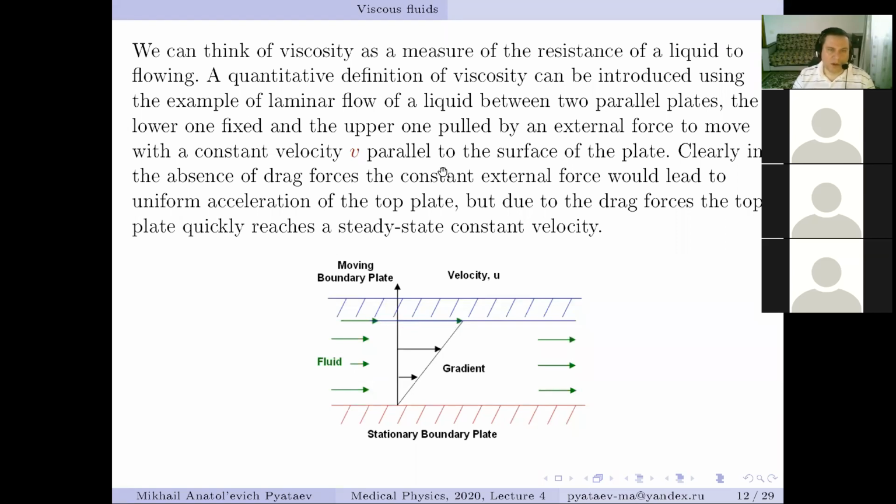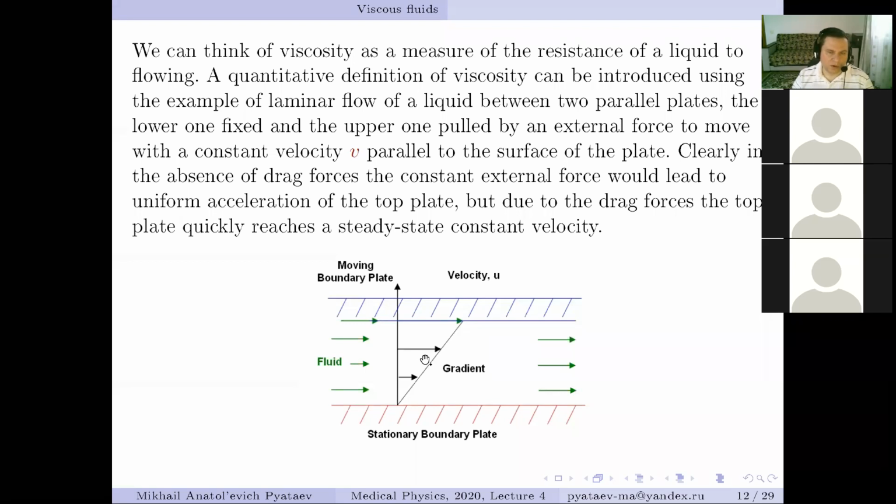Then we can describe this liquid's behavior as the movement of different liquid layers relative to one another. For example, this layer moves relative to the layer below with some speed, which is the difference of speed at this point and that point.